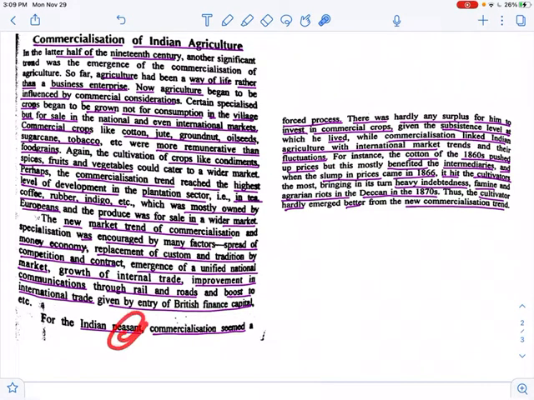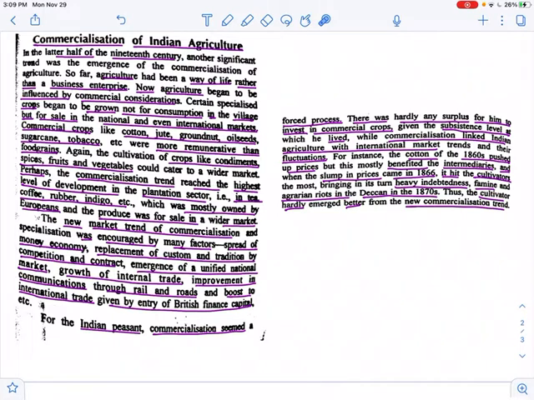So peasants were very doubtful about whether a particular crop had to be grown or not, because they were uncertain if they would get good remuneration for that crop. This was a big tension that they had. So definitely they were not happy with this process. And the other thing was that to invest in commercial crops, peasants had to have a lot of money.